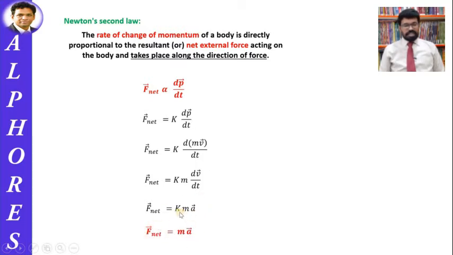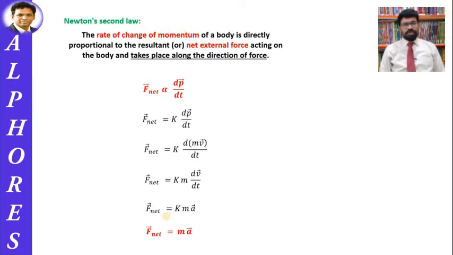So what has happened to this k? Listen, children, whatever constant of proportionality we see in physics, in any relation, if some physical quantity is proportional to some other physical quantity, there you can write a constant of proportionality, and the value of the constant of proportionality can be obtained with the help of experiments.